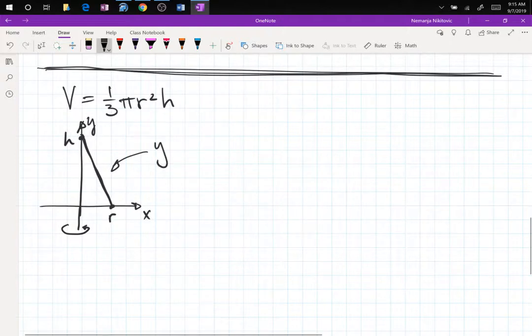So we need to figure out what this y = mx + b is so that we can calculate the rest. The slope m is height divided by radius, and it's negative because it drops down. So negative h over r x plus, and the y-intercept is h. That's our function in terms of these.